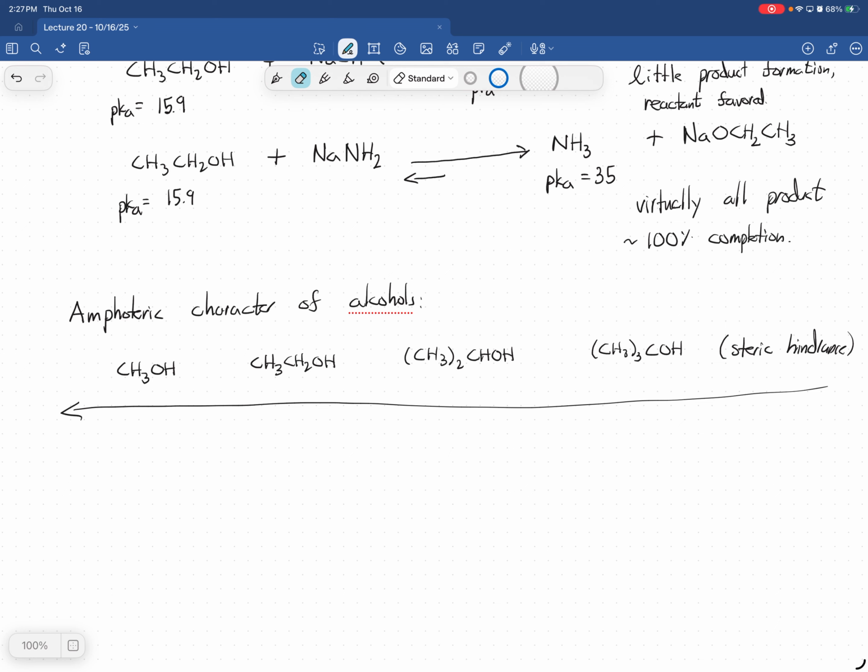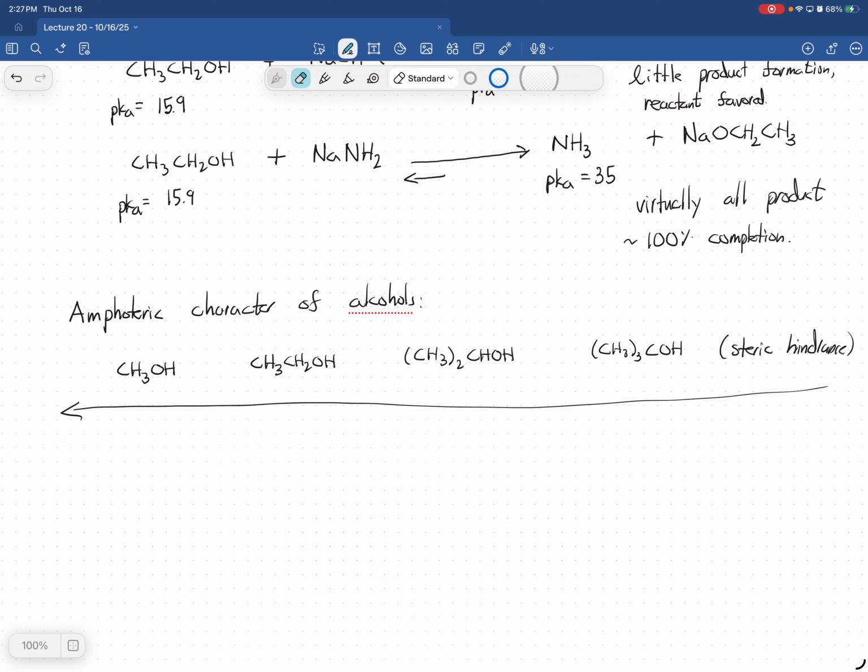So here we're just talking about the conjugate acid. If there's more steric hindrance, do you think it can act effectively as a base? Probably not. That oxygen is not going to be available. So it's actually better if the methanol is the best base.